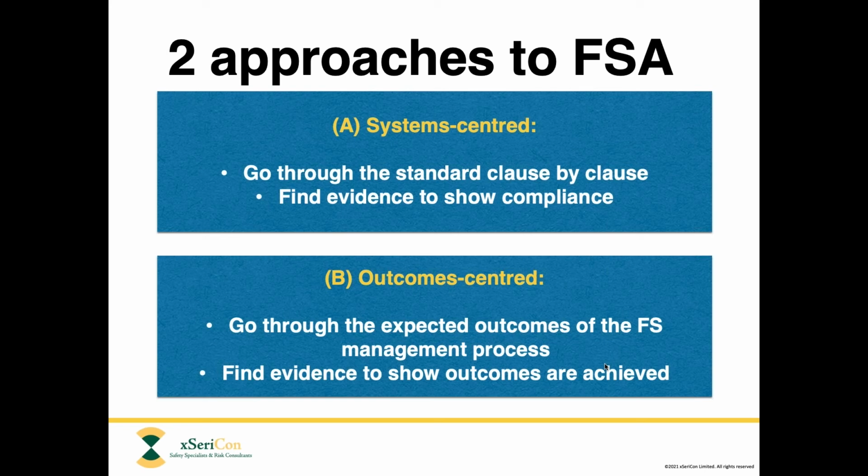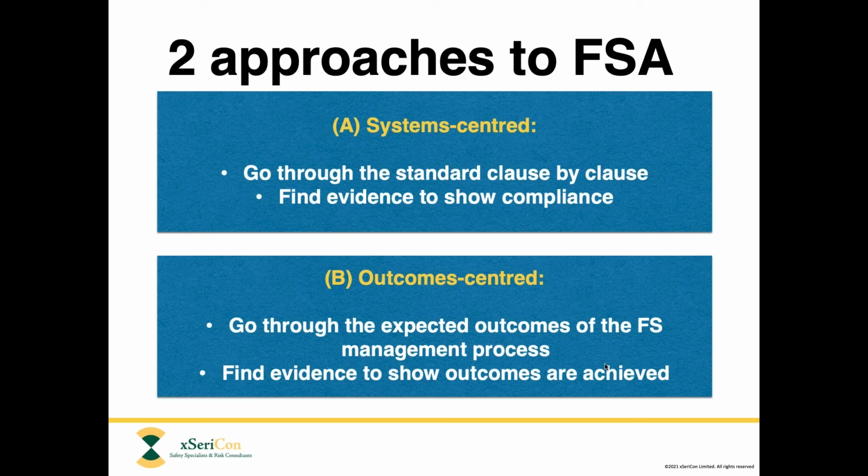And so, as you can probably tell from the way I'm explaining it, I personally prefer the second approach, which is where we focus more on what is the functional safety management system supposed to achieve? What's the outcome, the end goal of it, not so much focusing on the procedures that are meant to achieve that end.